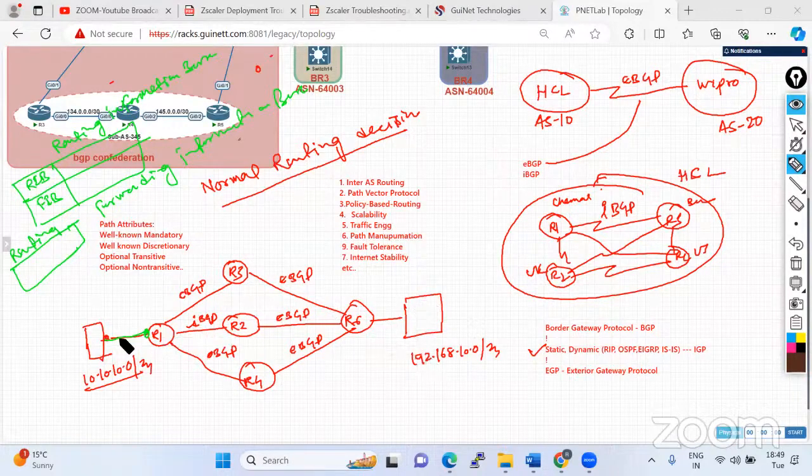This route, 192, I'm running on this router. One copy I can receive on this link, one copy on this link, and one copy on this link. So this router has the RIB table.